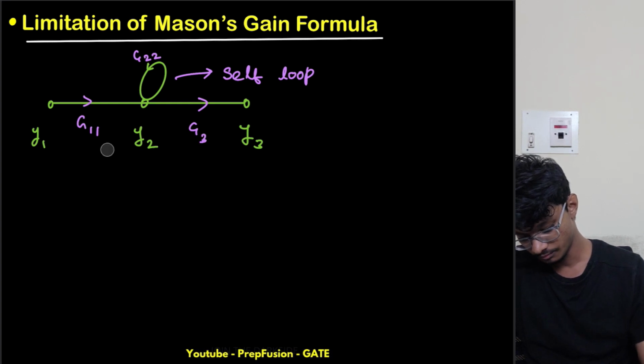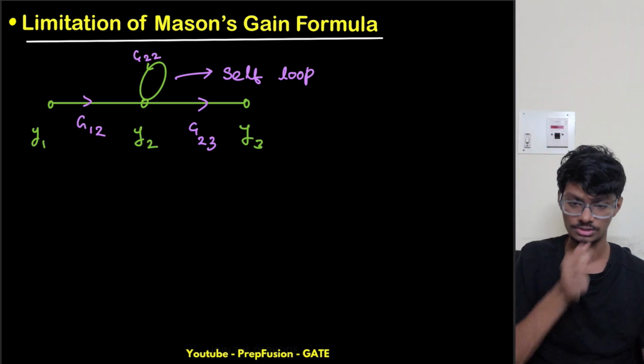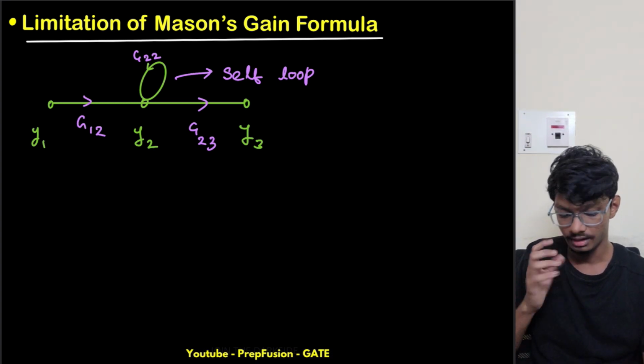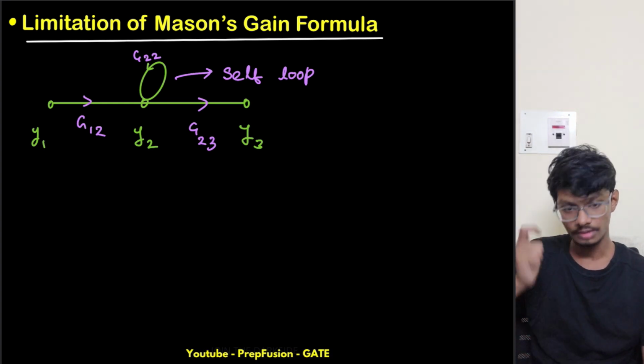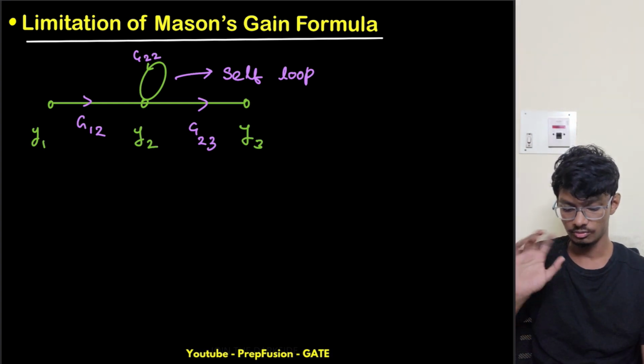Let's say this is going from node 1 to 2, so I will name it G12, and this is going from node 2 to 3, so the gain of this one is G23. What I need to find is y3 upon y1.